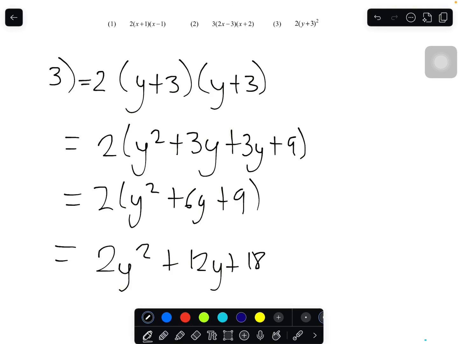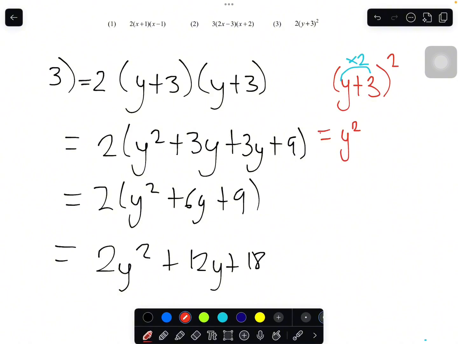Now there is a shorter way to do this as well, and let's look at that on the side here. If I have y plus 3 and it's squared, what you're going to do is square the first term, and that's going to be equal to y squared. We're then going to multiply both of these terms together and times by 2.